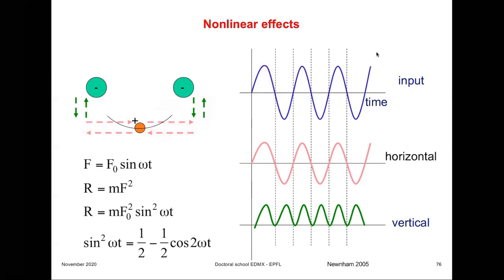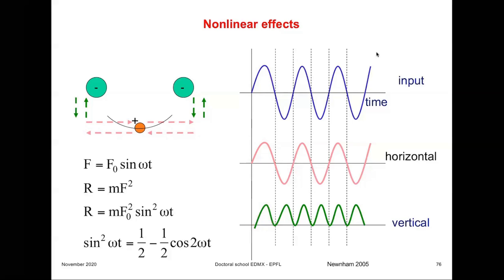Okay. The orange atom will go down from here to here, while the green will go from top to bottom. So force goes like this, horizontal movement goes like this, and movement of the green atom is like that.